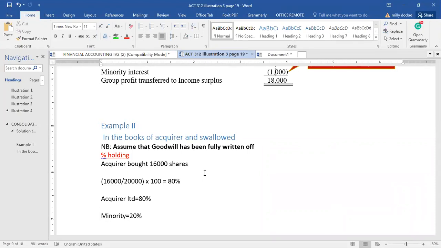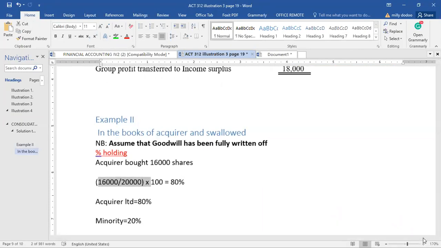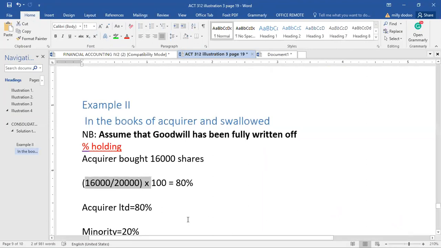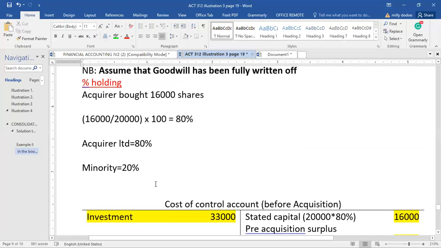So the 16,000 divided by the 20,000 multiplied by 100 gives you 80%.